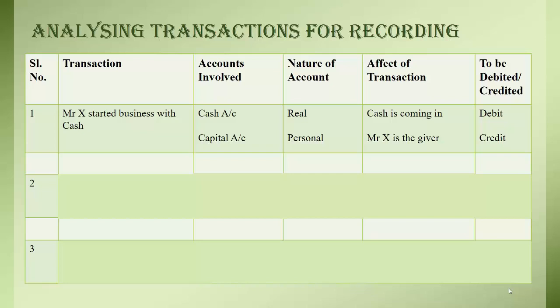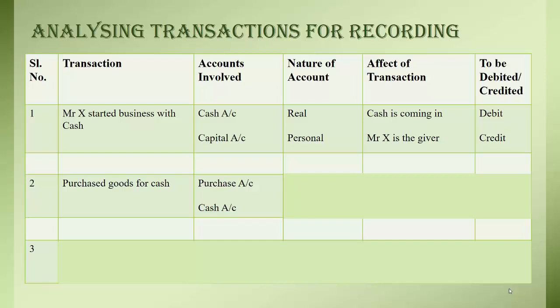So let's take another example which says purchase goods for cash. So the accounts involved in this transaction are purchase account and cash account. As I have already explained, purchase account is used for goods. So when goods are coming in or going out, we use the word purchase account or sales account.